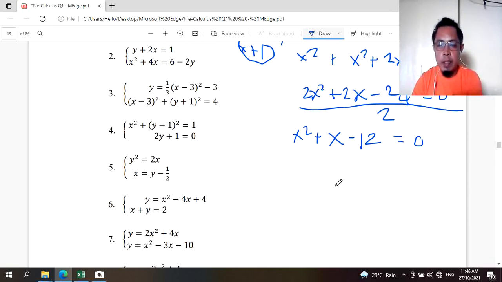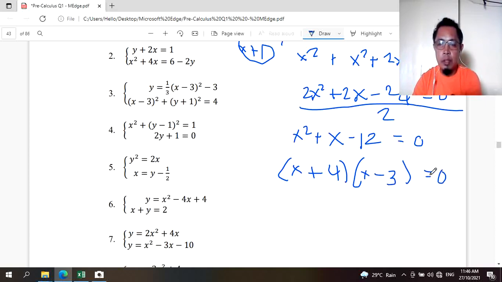Now factor, trial and error again. We have x. Factors for 12 are 4 and 3. We have x plus 4 and x minus 3 equals 0.